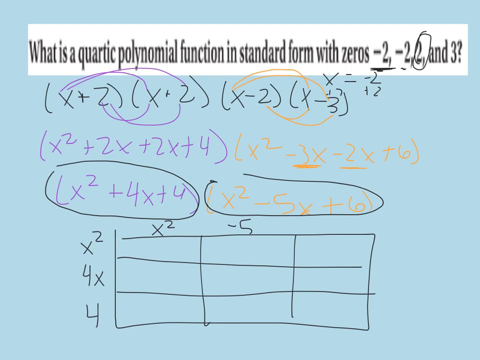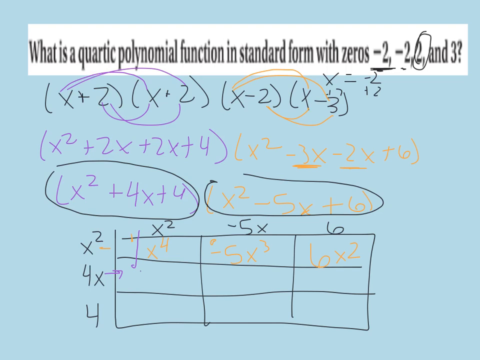I'm going to keep the subtraction with that number, and then when I multiply this out, x squared times x squared would give me x to the 4th, because I'm multiplying these two together. This next box would give me negative 5x cubed, and my last box would be 6x squared. Now again, I'm multiplying this down with this across.